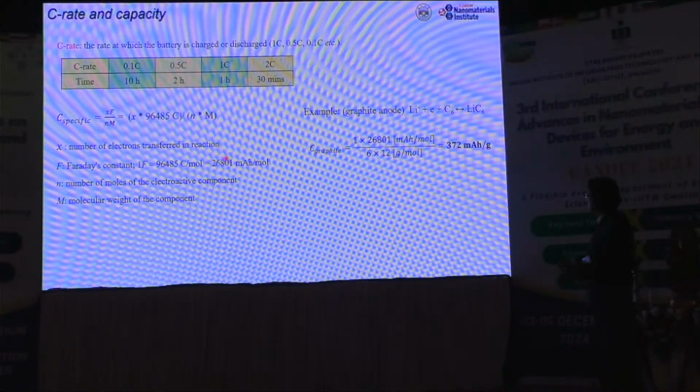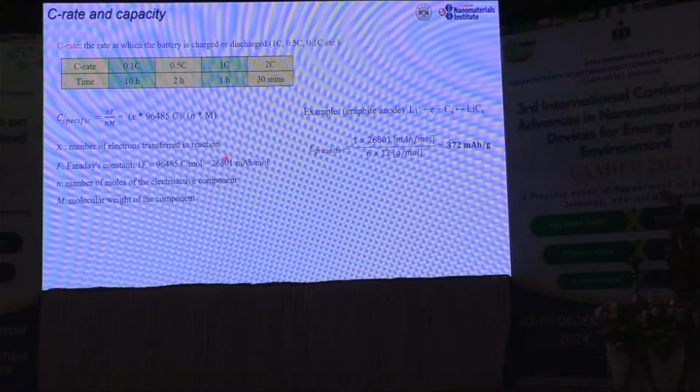Here one electron has been exchanged, so X is 1, and the Faraday constant is 96,485 coulombs, and N is 6 carbon atoms and 12 is carbon's atomic weight.